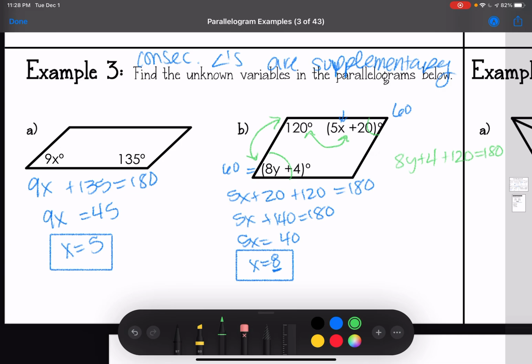Either way, you're going to end up getting the same answer. As you guys have all heard me say, work smarter, not harder. So you've already done the legwork for finding x. So let's drop it in. 5 times x, which was 8, plus 20 is going to equal that 8y plus 4.